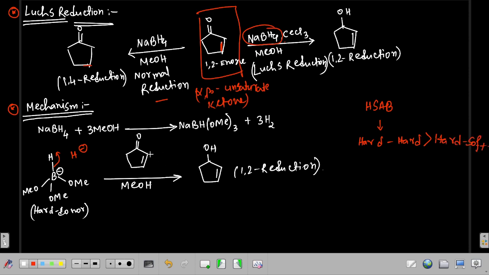So here this center is more hard, and this hydride ion is also a hard donor, so it will attack the ketone, and it will form an alpha beta unsaturated alcohol. So it will be a 1,2 reduction.